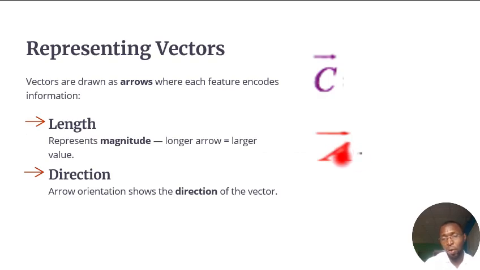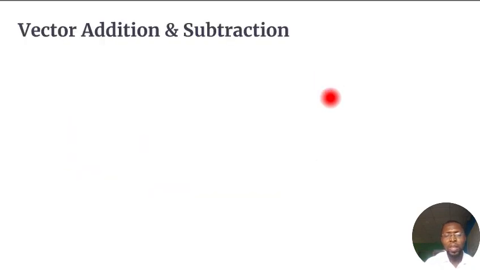So this is vector A. We can call this vector C. Now aside from representing vectors with arrows, we also need to learn for today a simple way of either adding vectors or subtracting vectors.